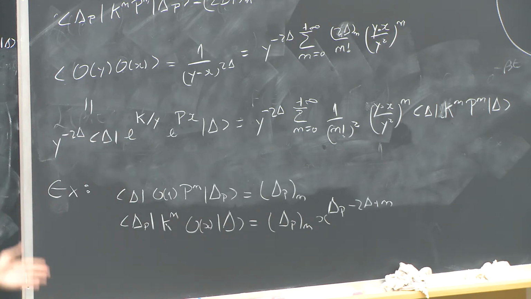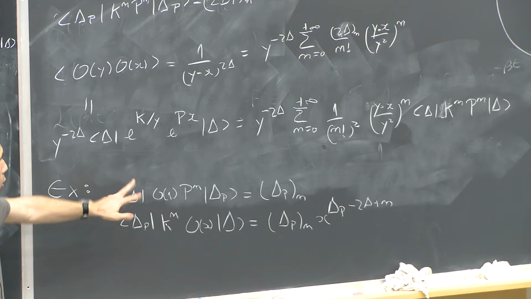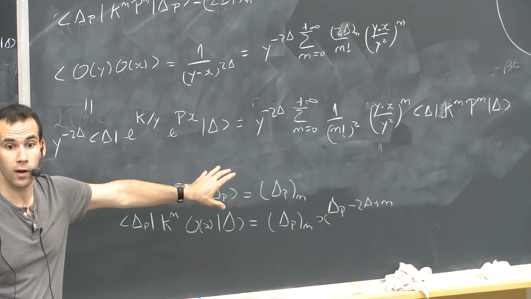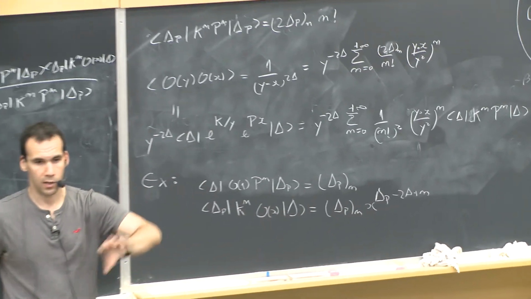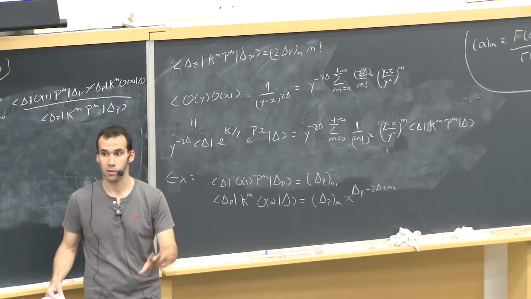Okay? So again, you can just compute a few cases by hand if you want, or you can use the same trick. Now you need the form of the three-point function. The three-point function is known, right? So you set it in these kinematics and you expand in a power series and you read off the numbers. And this is what you get. Okay? It's exactly the same thing.